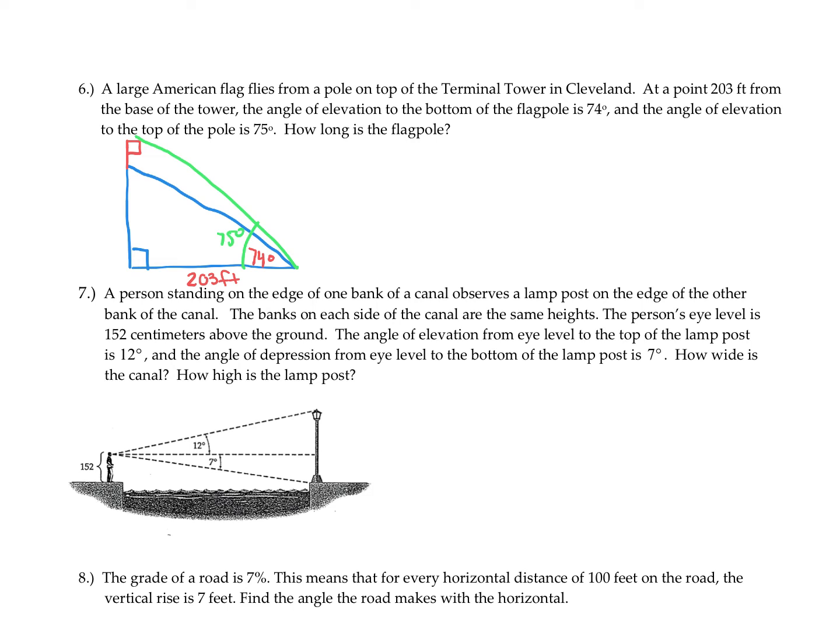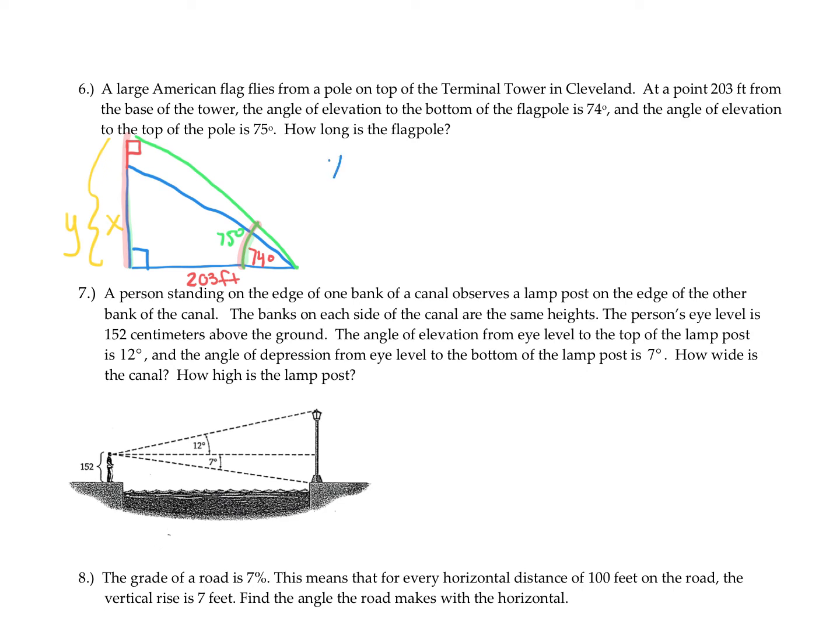So I'm going to set up two problems here. I'm going to find this distance, and then I'm going to find this distance. And I'm going to subtract the two to find the height of my pole. So to do x, that goes with the angle that's 74 because this length goes with this angle, and then this length goes with this angle, the bigger angle.